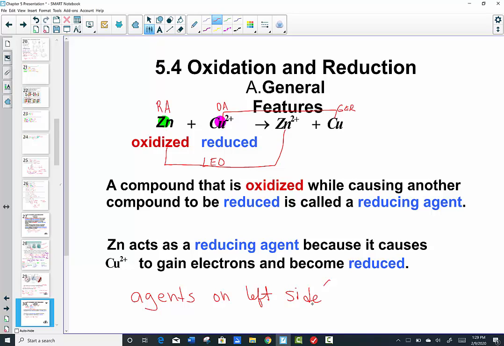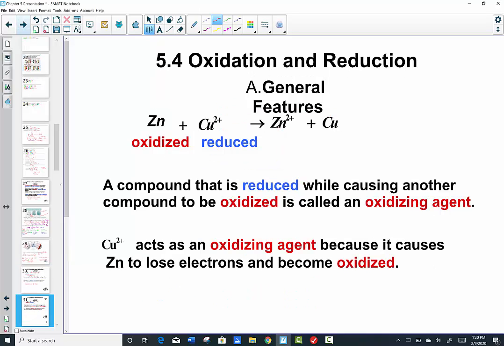Just as what is oxidized and what is reduced, they're always reactants. Agents are oxidized and reduced, therefore on the left side. So a compound that is reduced is the oxidizing agent. The compound that is oxidized is known as the reducing agent.